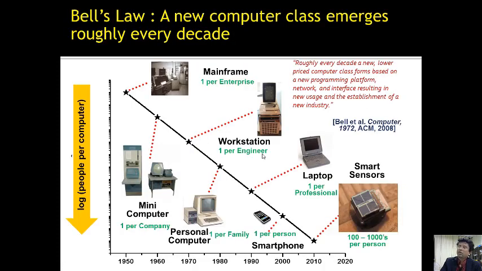Another law that is close to IoT is Bell's law. A new computer class emerged roughly every decade. Here in the graph, the x-axis is the years 1950 to 2020, and people per computer.